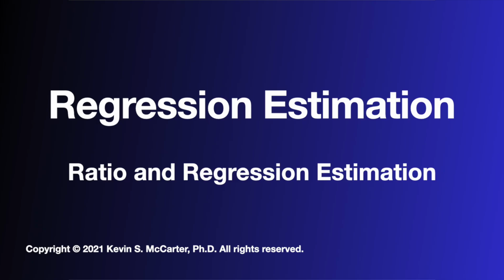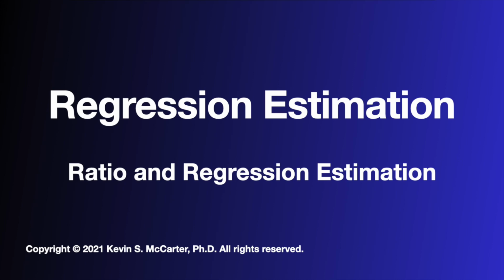So that's how we can use regression estimation to estimate the mean of a population using another concomitant variable and its mean, mu sub x, to come up with a more precise estimator of a population mean.